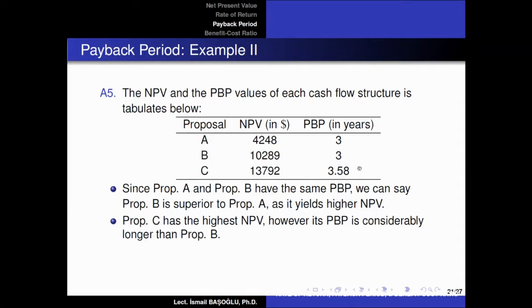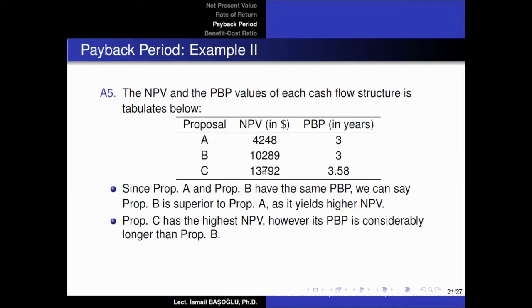However, its payback period is a little larger than the payback period of B. So you get much more money, but you get that money later. So which one should you select? I always choose the largest net present value. The difference between the net present values is a lot larger.